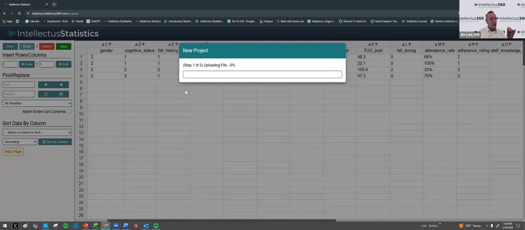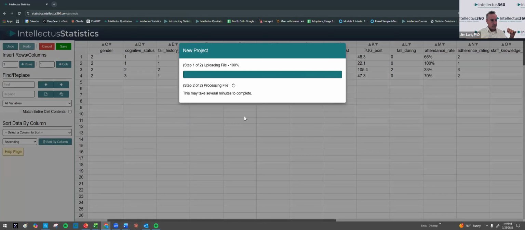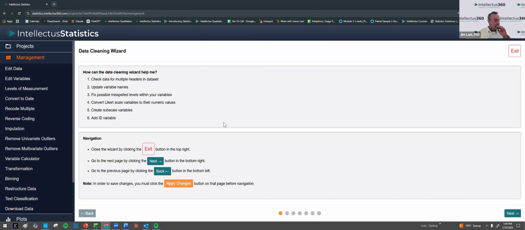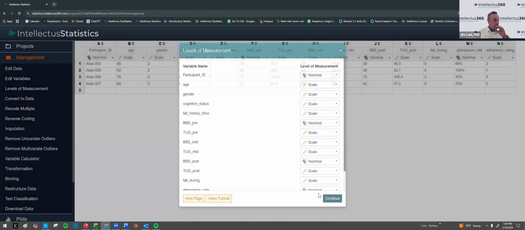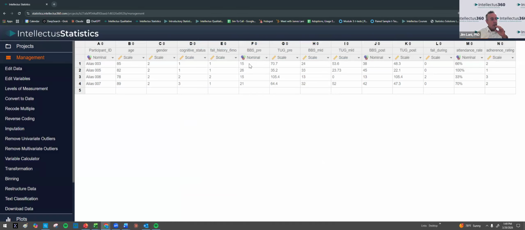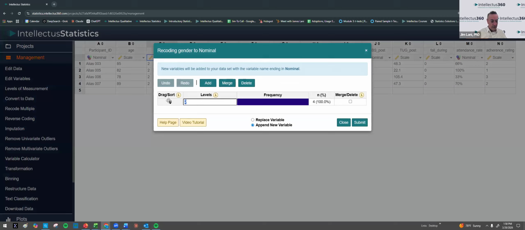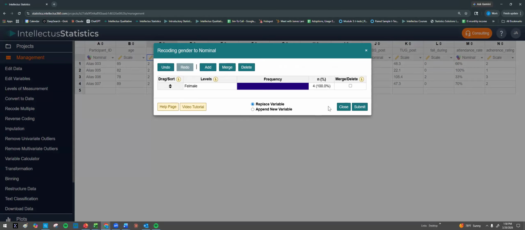So once we put that in there, you want to clean up a little bit. Is this really male or female? Yeah, female. All the rest were just female. No problem. One male refused, and then it was attrition.